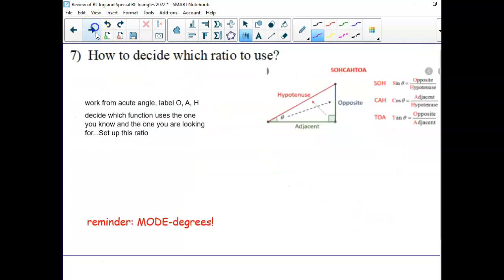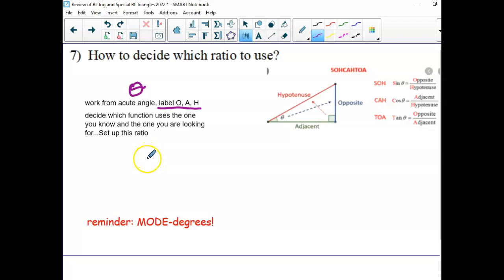All right. Now, how to decide which ratio to use. If they don't tell us whether we're supposed to use sine, cosine, or tangent, it says here, work from the acute angle that you're talking about, which we're going to label theta. It says label opposite, adjacent, and hypotenuse, and then decide which function uses the ones you know and the ones you are looking for. Okay?